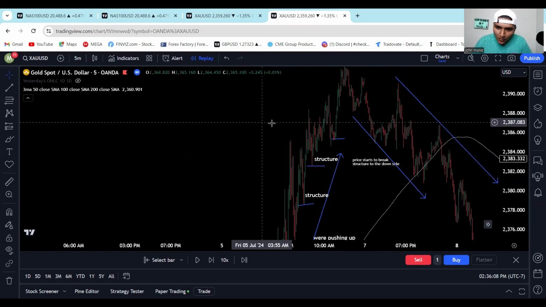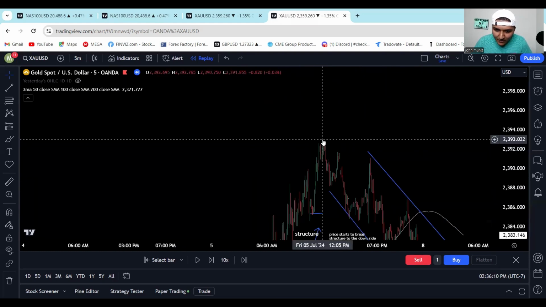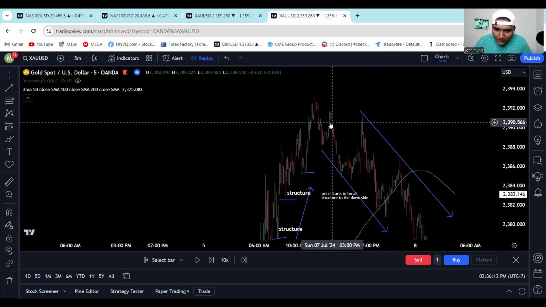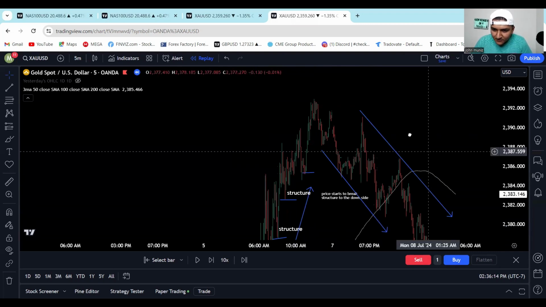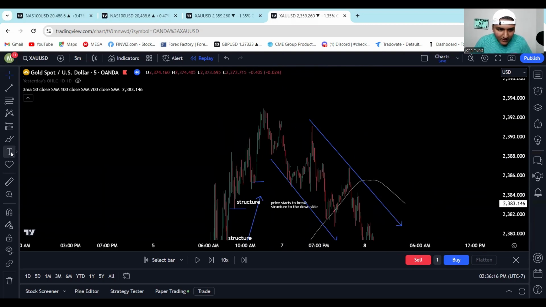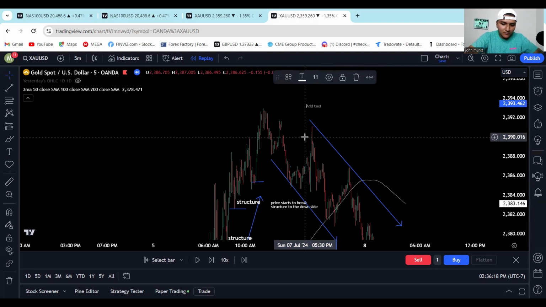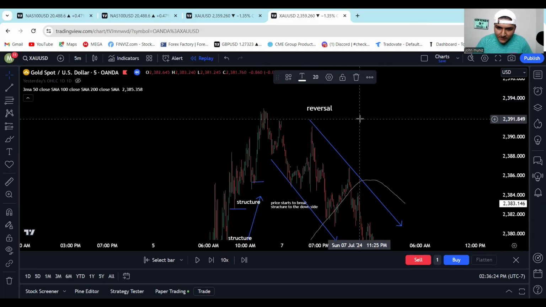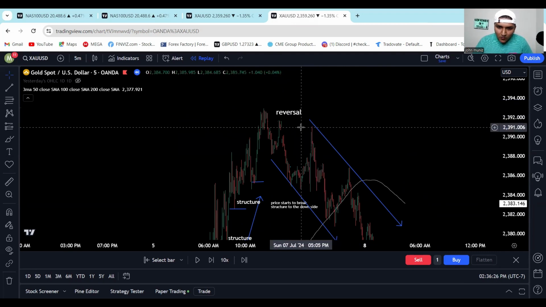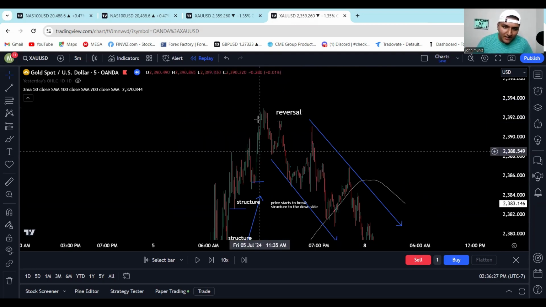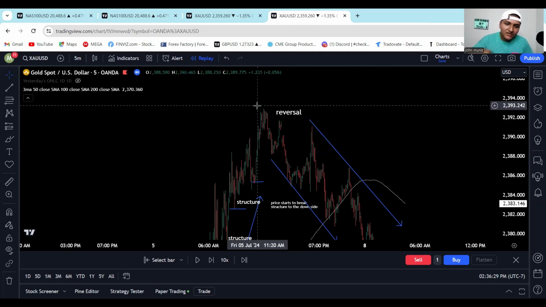Once we hit this high here, what does price do? It completely drops. This is called a reversal. This is exactly what a reversal looks like, guys. What is a reversal? When you're pushing up and price completely goes the opposite direction.